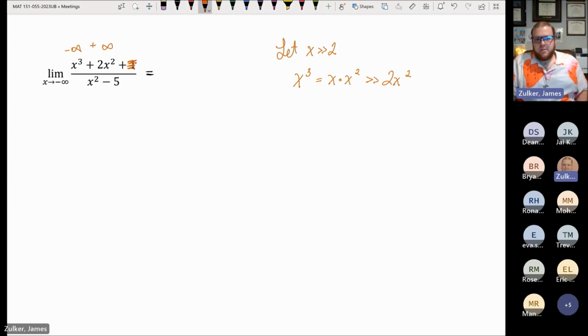Try it out: go with 100. 100 cubed is 1 million. 100 squared is 10,000, so 2 times that is 20,000. Well, 1 million is definitely much larger than 20,000.